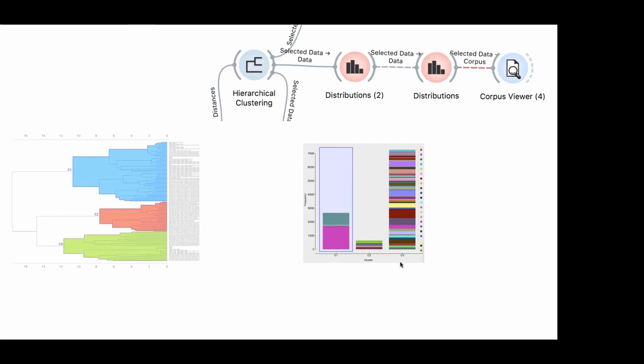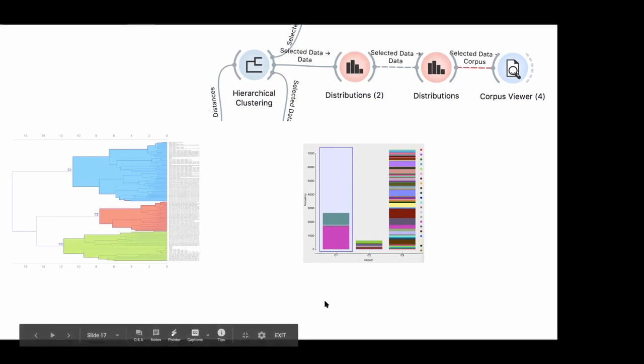Now, I could do the same with years or the names of newspapers. So I could have it show which years we have in the first cluster or which newspapers. But here we see the headlines.